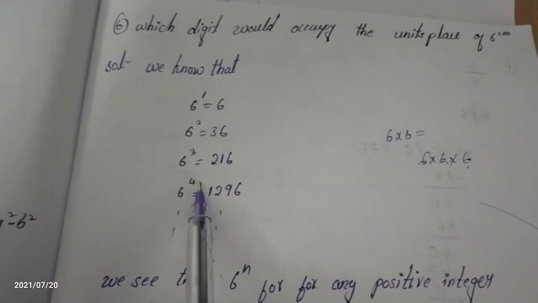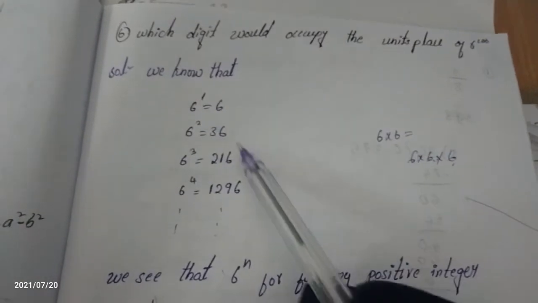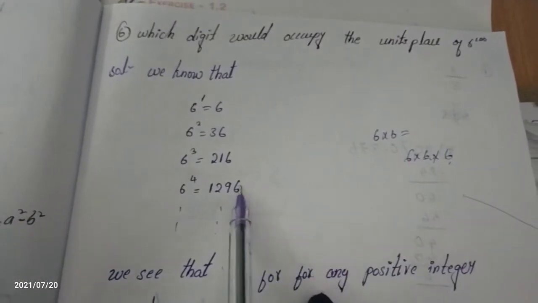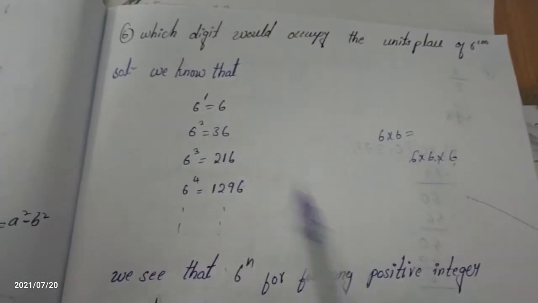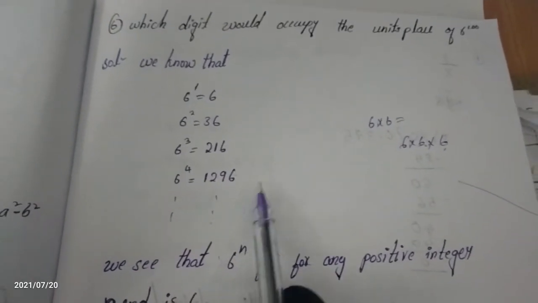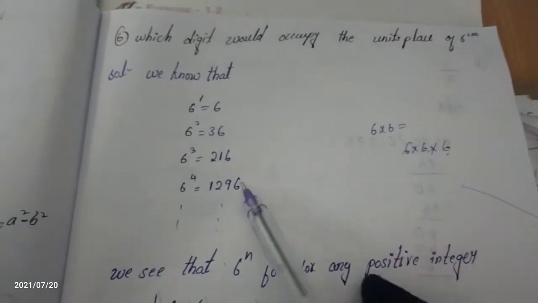While we increase the powers, observe the unit place of the values we get. The unit place is 6, 6, 6, 6. With the help of this pattern, we see that while we increase the power, the unit place is always 6.